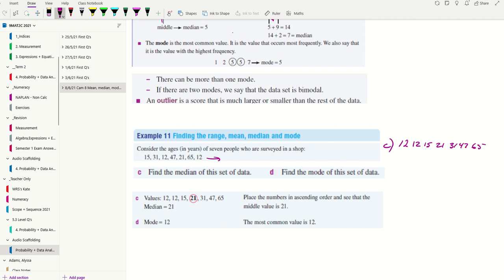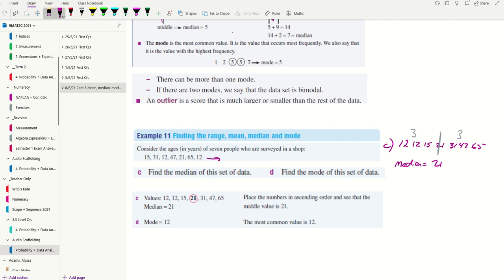Now if I count them up, I've got 7. So if I'm finding the middle one here, I'm going to go right down the middle. I've got 3 numbers on both sides. So my number's right down the middle, which means my answer is the actual number. So my median is equal to 21.